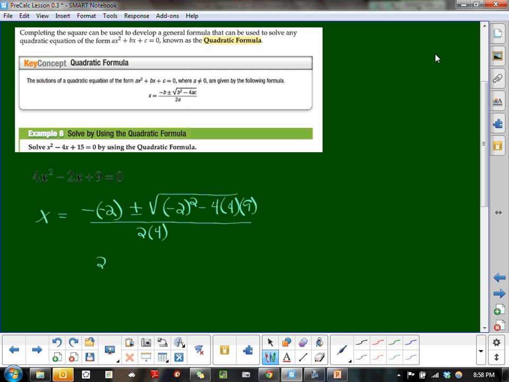So we have 2 plus or minus the square root of 4 minus 16 times 9, which is 144, all over 8.